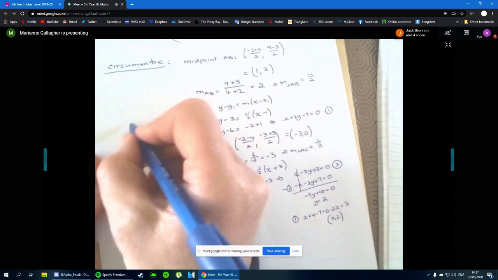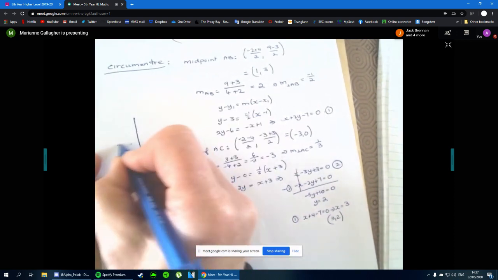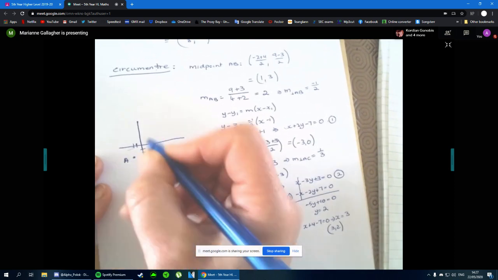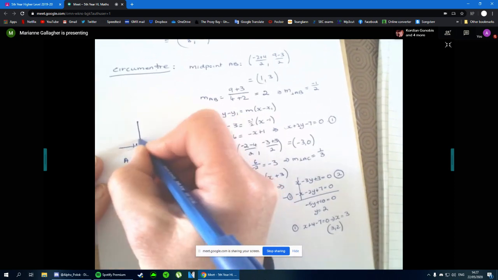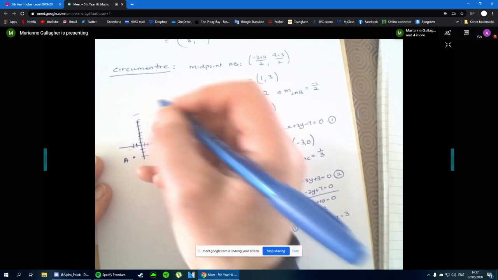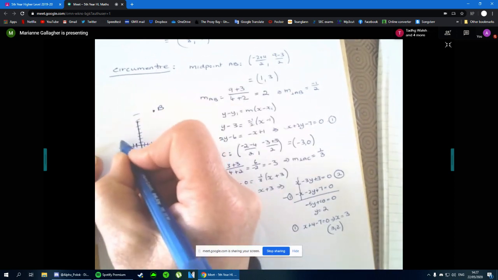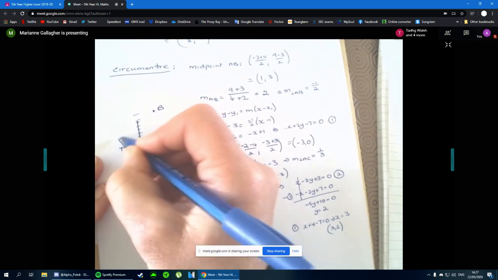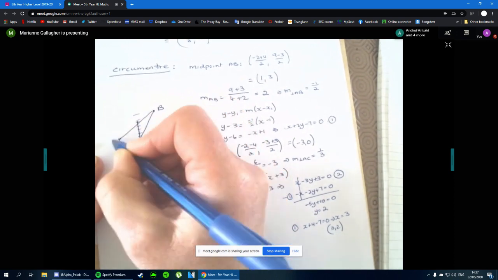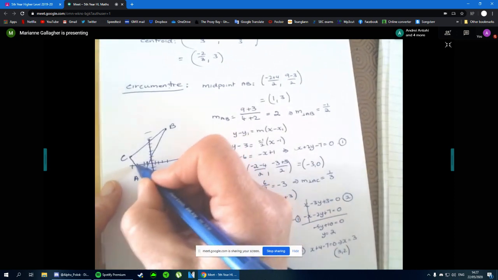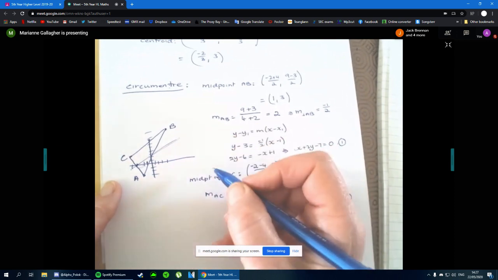And I'll just roughly draw the triangle out again, just so you can see. A was minus 2, minus 3. B is 4, 9, right up here. C was minus 4, 3. It was about there. So the perpendicular bisector of AC was, and I'm roughly drawing that, I find the midpoint and I went straight perpendicular to it.